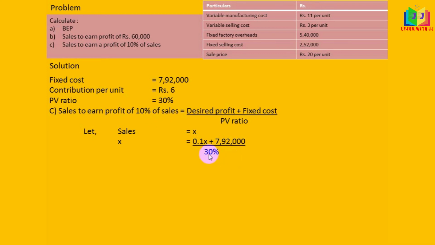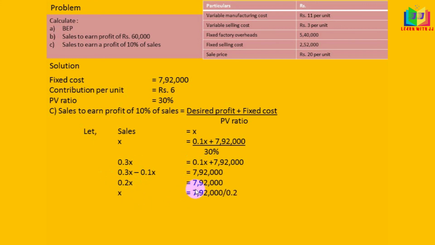The next step is to take this PV ratio to the left hand side, so we'll get 0.3X. And the next step, we have to bring this 0.1X to the left hand side. If we solve this, we'll get 0.2X equal to 7,92,000.